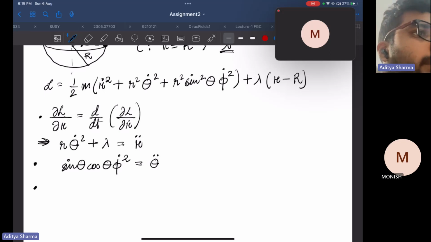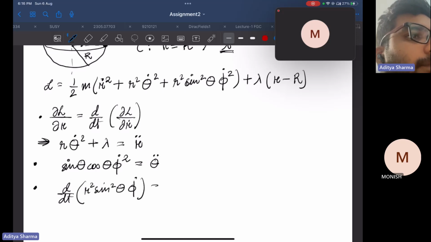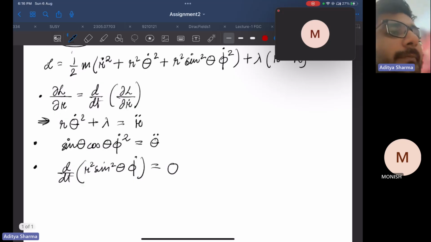And the third equation, for phi, is d/dt of r square sine square theta phi dot is equal to 0.